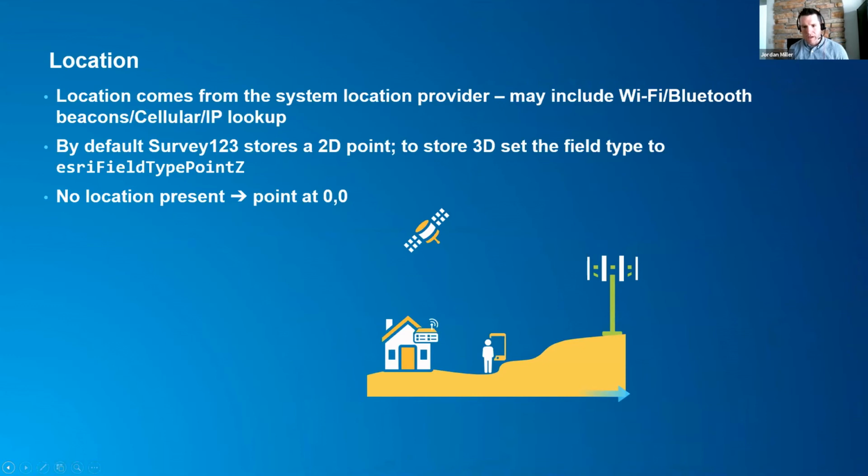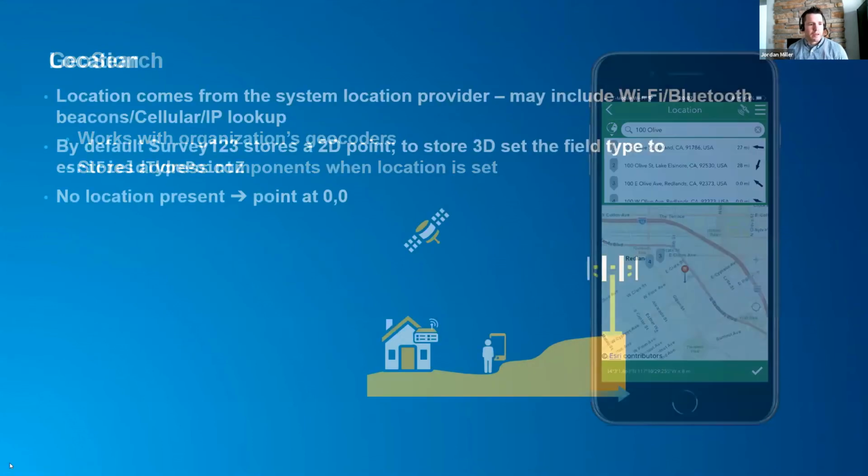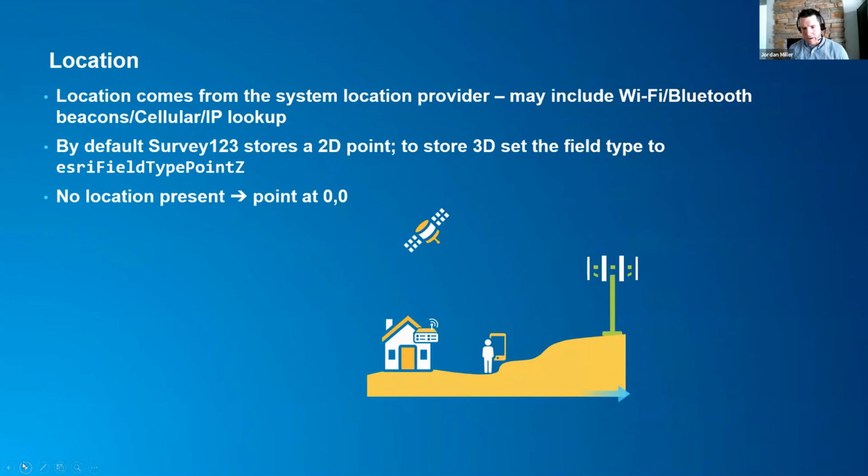So much like how Collector had, and how Field Maps is now going to have, Survey123 needs the ability to integrate with Bluetooth receivers, GPS, GNSS, survey grade, you name it. We want to be able to pull in that type of information and support being able to store that metadata as well.